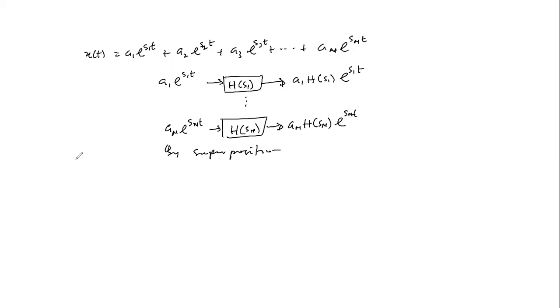the sum of the responses will now be y of t, the same as a1 h of s1 e to the s1 t, plus a2 h of s2 e to the s2 t, all the way plus an h of sn e to the sn t.